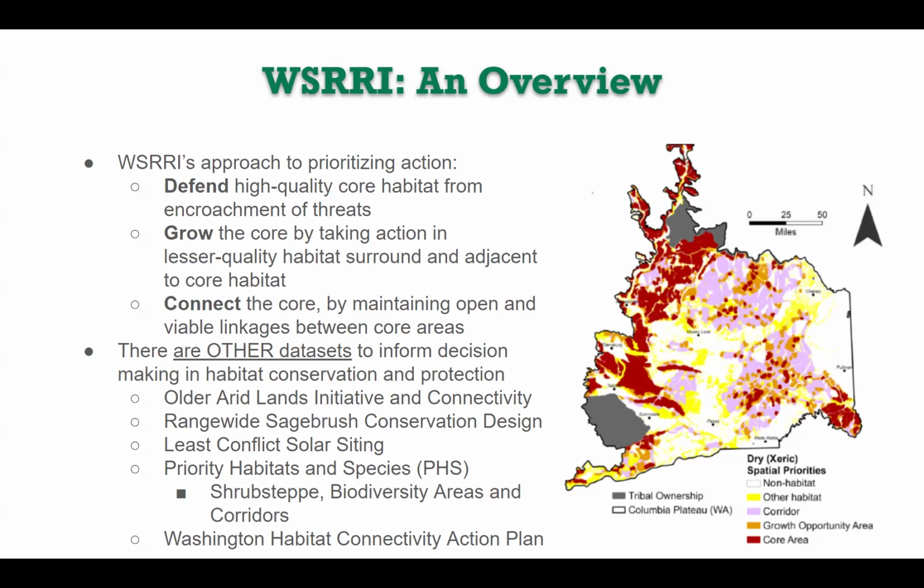We collectively as stakeholders and partners informed the least conflict solar siting process that was managed through Washington State University. That product is available online. In addition, we have our priority habitats and species data sets, and specifically there are some newer data sets there, including shrubsteppe and biodiversity areas and corridors.